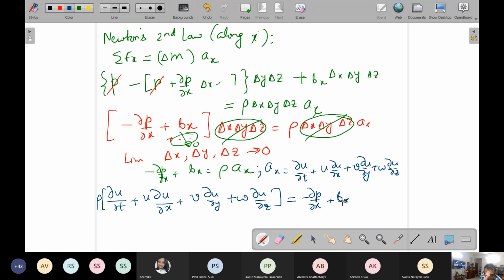So this equation we are able to also write in a more compact way.